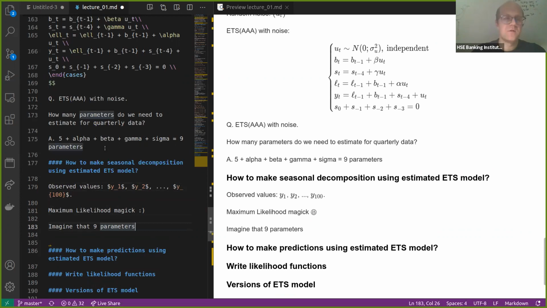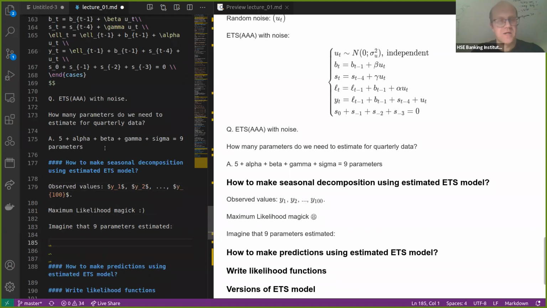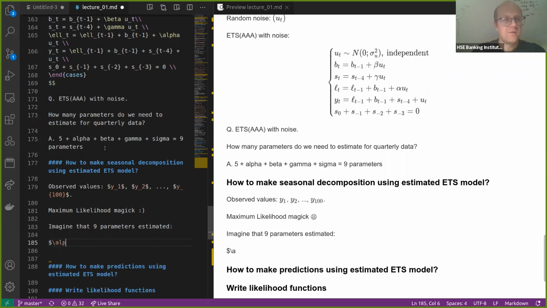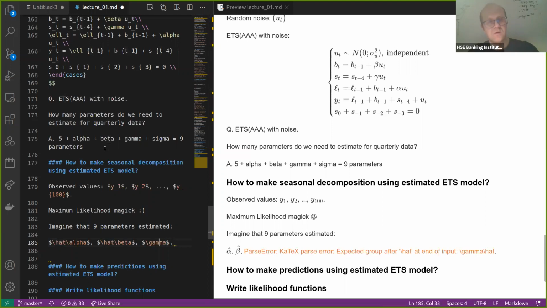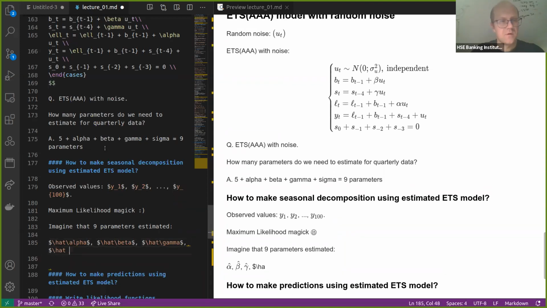We have 9 parameters estimated: alpha hat, beta hat, gamma hat, L0 and so on.